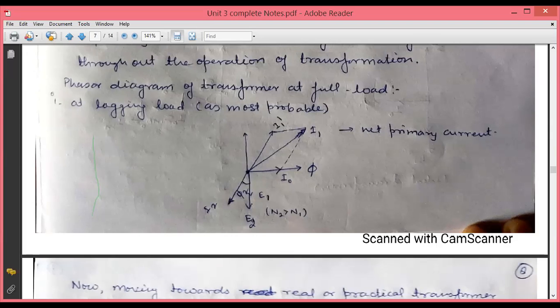In the primary winding there are now two currents flowing: one is the no load current I0 as well as the load component of current I1 dash, and the phasor sum of these two currents results in the primary current. So the net primary current is shown in the phasor diagram, which is basically the parallelogram sum of I0 and I1 dash.